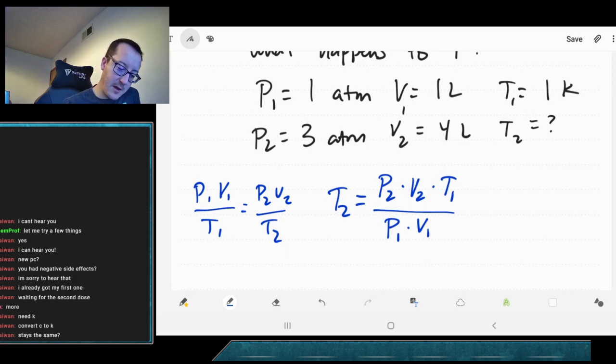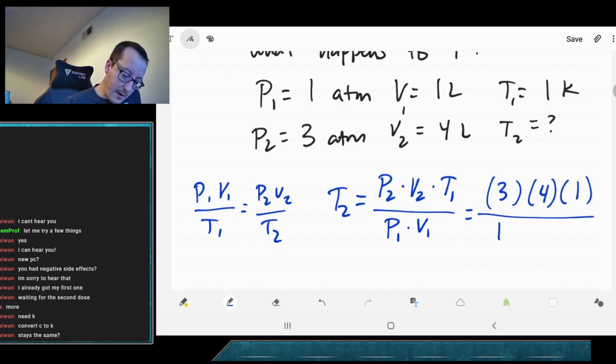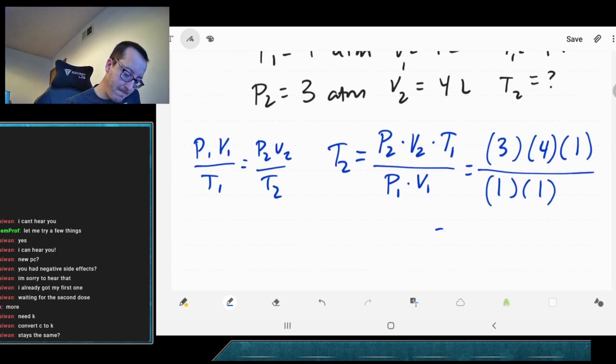Alright, and so now we can go ahead and plug all this stuff in. So we have 3 atmospheres, 4 liters, 1 Kelvin, 1 atmosphere, 1 liter. I guess I should have put the units in, but I was being lazy. Again, with easy numbers, this becomes a very easy calculation.